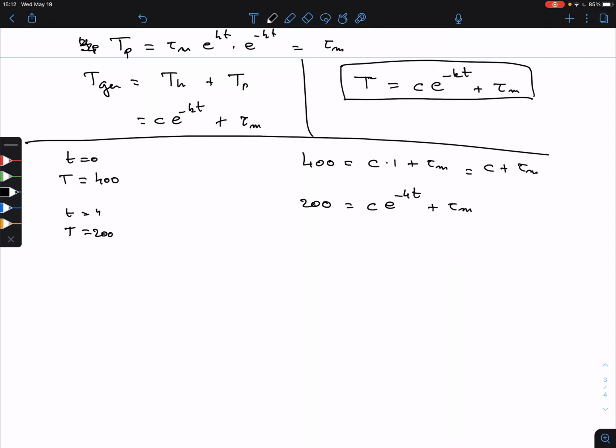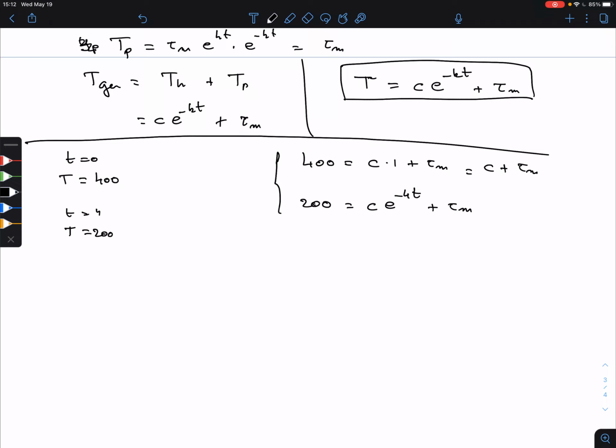So we get a linear system of equations, right? With two equations involving two unknowns, C and tau m. So one way is substitution. You solve for one and substitute in the other. Another one is, for instance, cancellation.